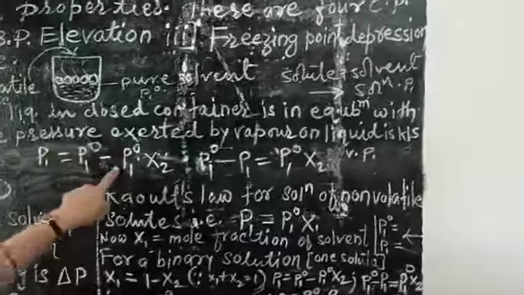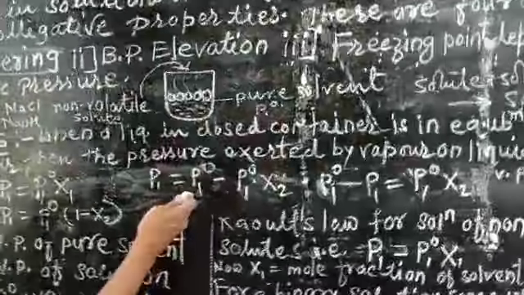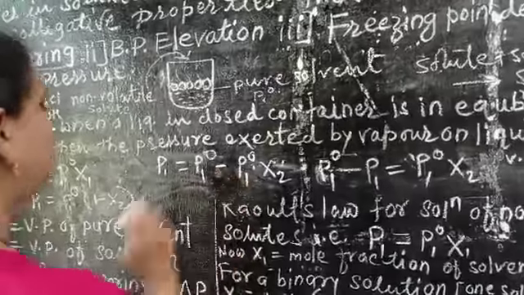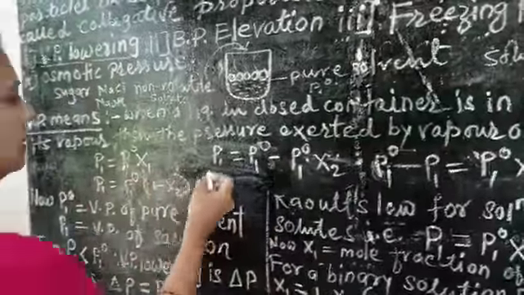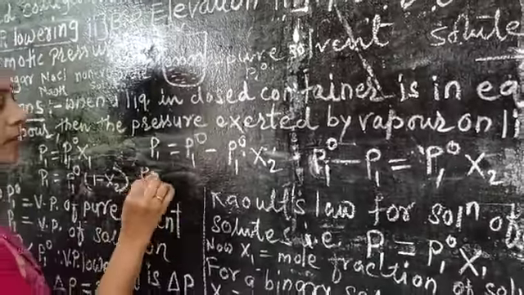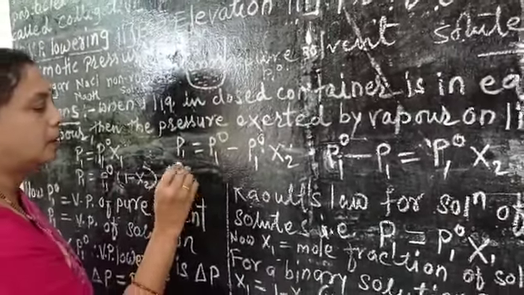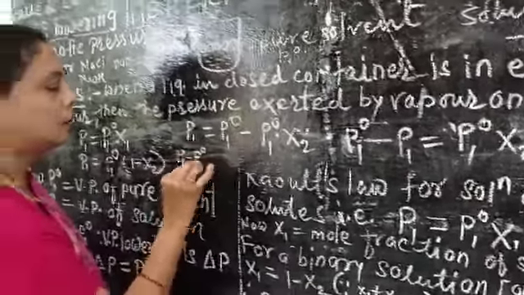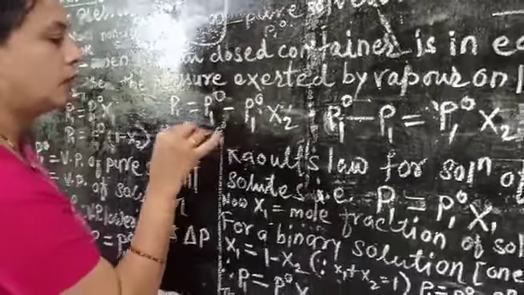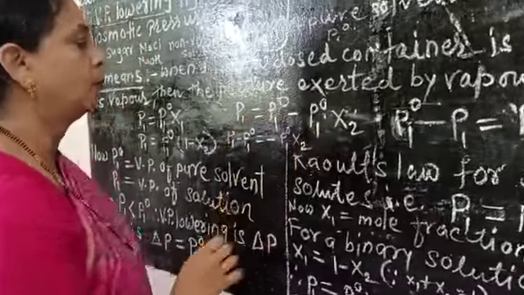I have just rearranged this expression. If it comes on this side, it will become P1 minus P01 and it is minus. Then P1, if it comes on this side, it will become minus P01 into X2.